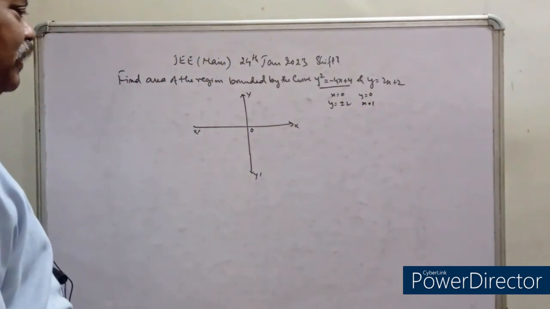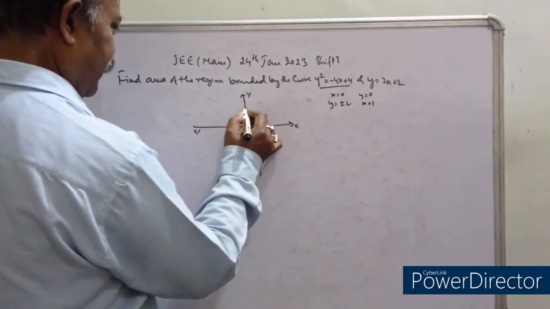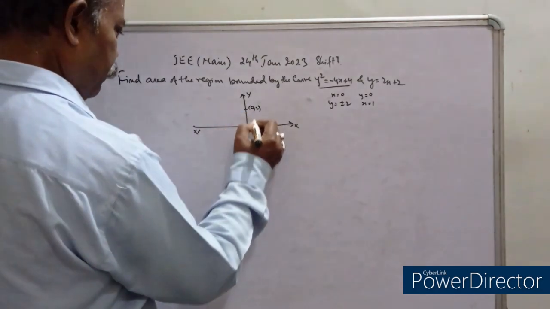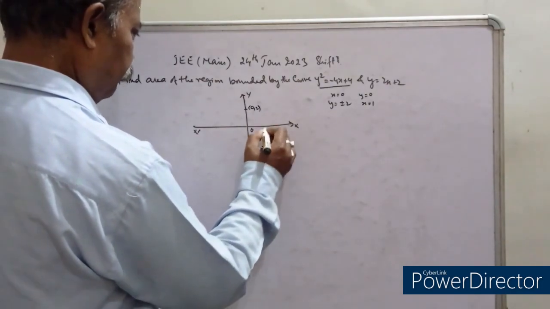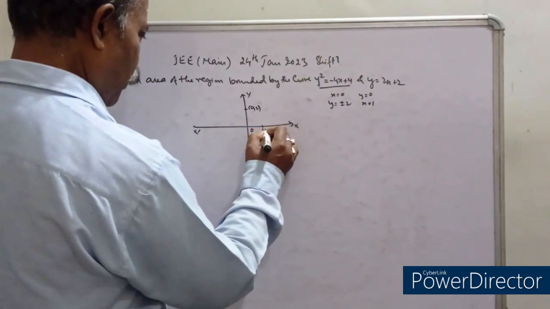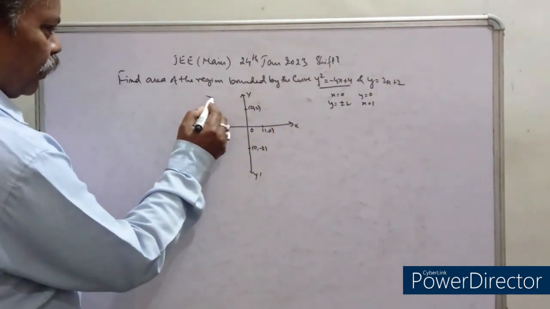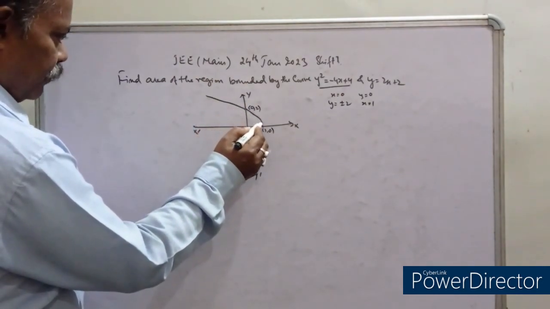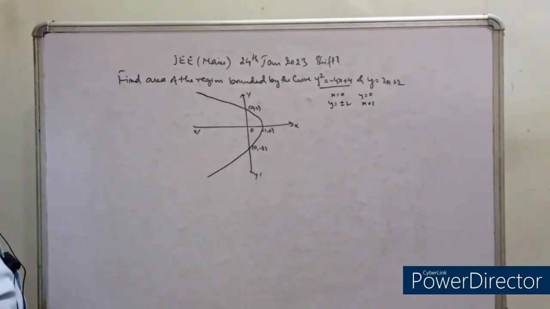So from this it is clear that the graph of this parabola will be somewhat like this: 0 comma 2 and 0 comma minus 2, and here somewhere 1 comma 0. So the graph of this equation of this parabola will be somewhat like this.